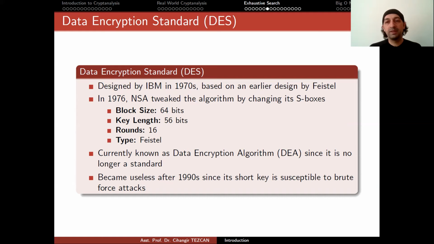And this would mislead people to think that DES is still secure and a standard. There are still a lot of applications where people are using DES for secure communication, which makes no sense. It can be broken instantly, which I will show you in a minute. It became useless after 1990, so like 30 years ago, but people are still using it.